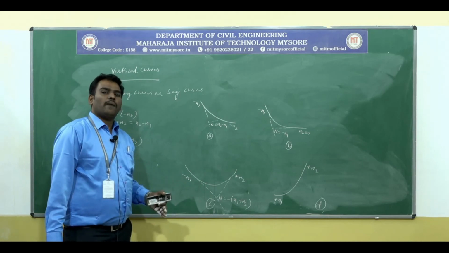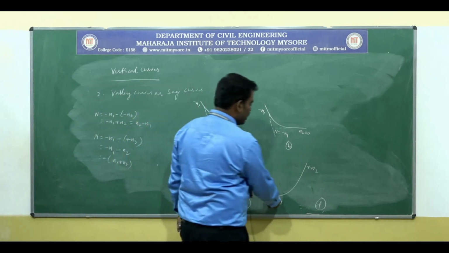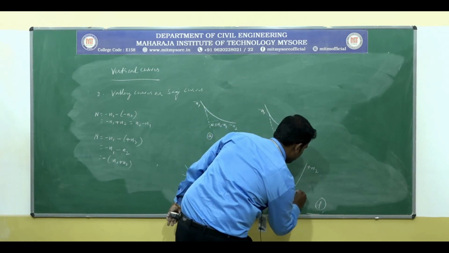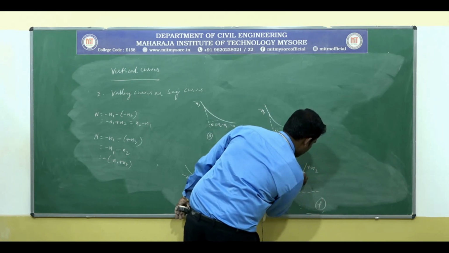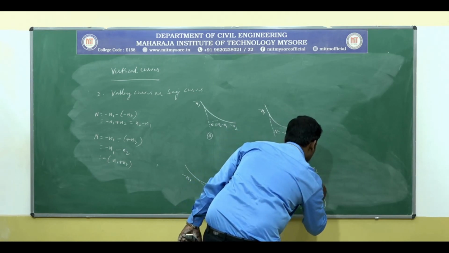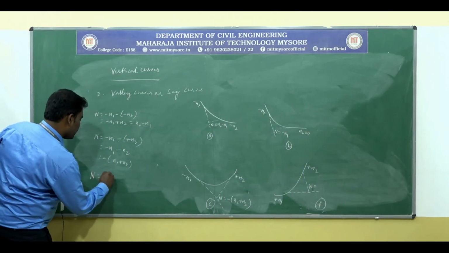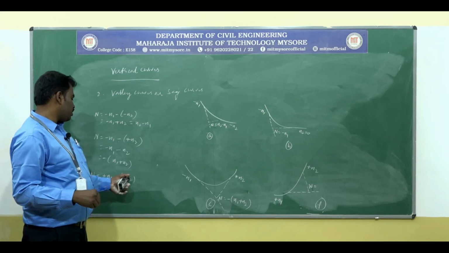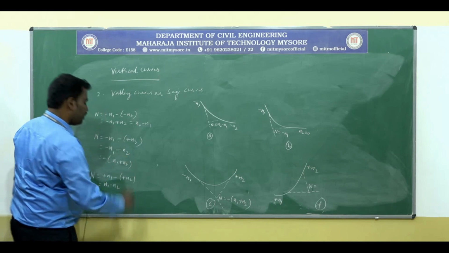And for the fourth case, an ascending gradient followed by an ascending gradient, the deviation angle n is equal to plus n1 minus of plus n2, which becomes n1 minus n2.